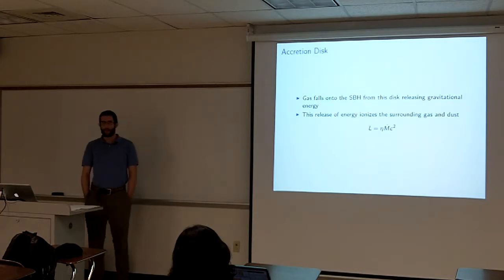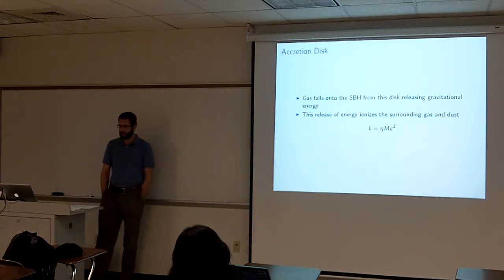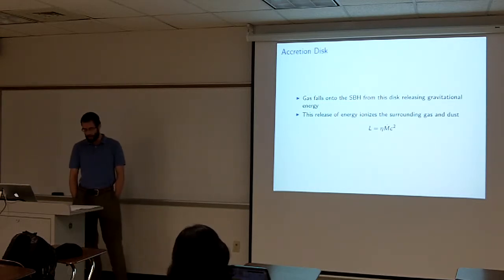Other papers that I've seen, using a similar accretion efficiency, have suggested that this number can be as small as 10 to the minus fourth solar masses.